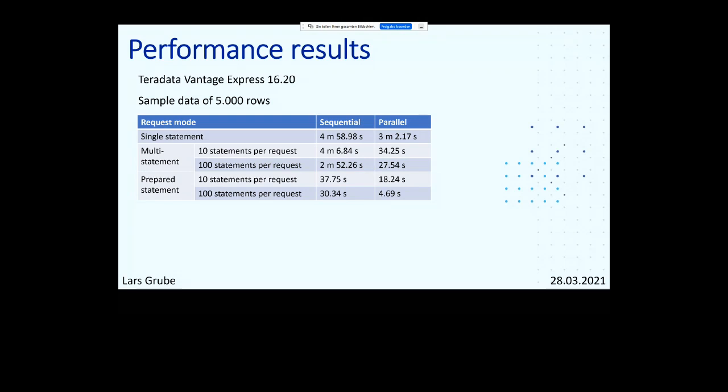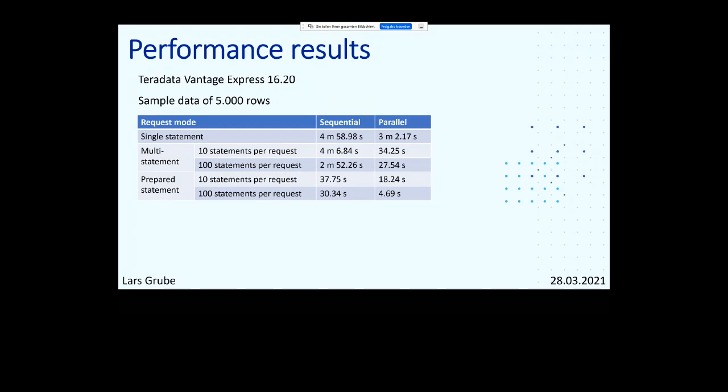All right, one thing to mention before is that these performance results are based on an Express version of Teradata Vantage, release 16.20, which is available for free for usage with a VMware tool.